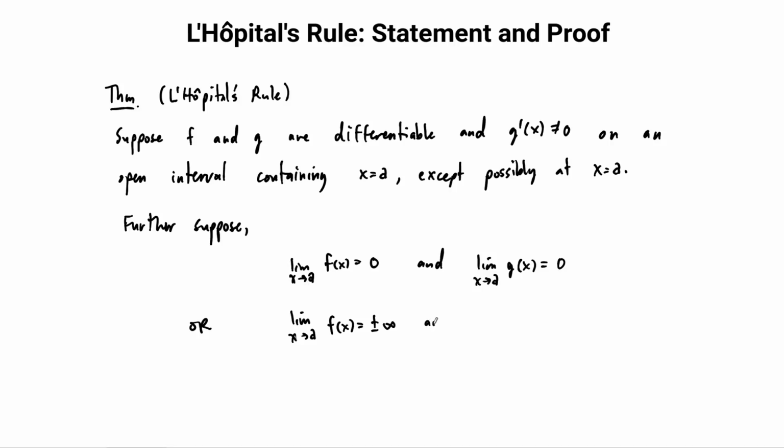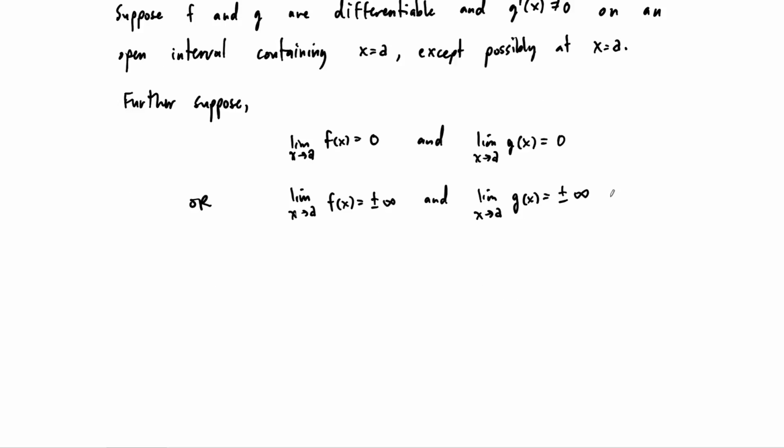That just means plus or minus infinity. And at the same time, the limit as x approaches a of g of x is also equal to possibly a different flavor of infinity, but they're each plus or minus infinity. All right, these are the assumptions. By the way, we're talking one case or the other case. So this theorem applies to either the case where they're both 0 or the case where they're both some infinity, plus or minus infinity.